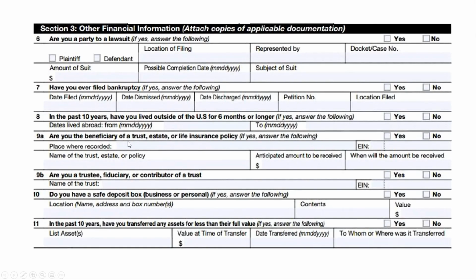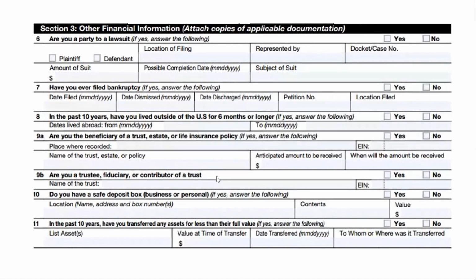Are you the beneficiary of a trust, estate, or life insurance policy? Or are you the trustee, fiduciary, or contributor of a trust? Basically, they want to know if you have access to money, if you have access to a place where you can hide assets. They want to probe those potentialities. Do you have a safe deposit box?